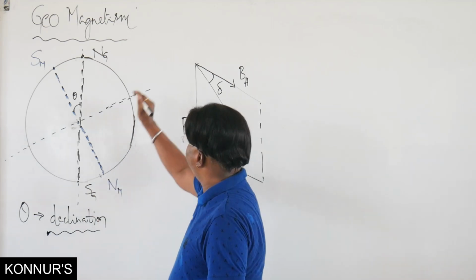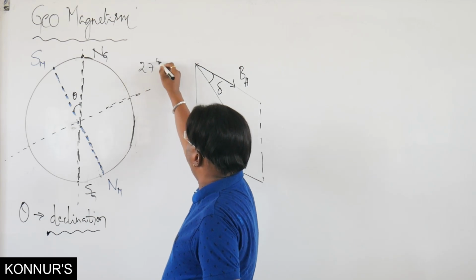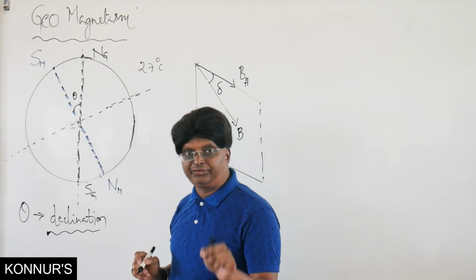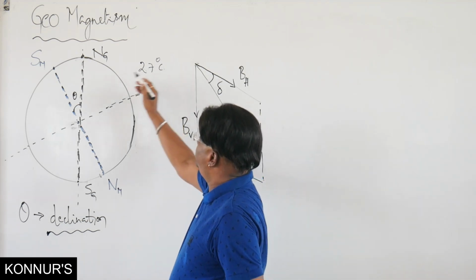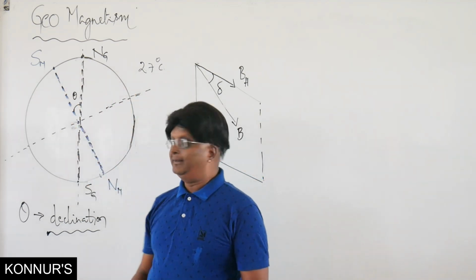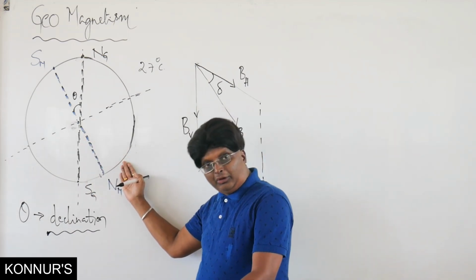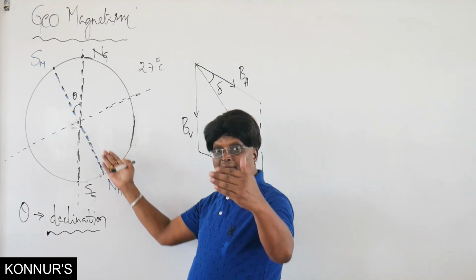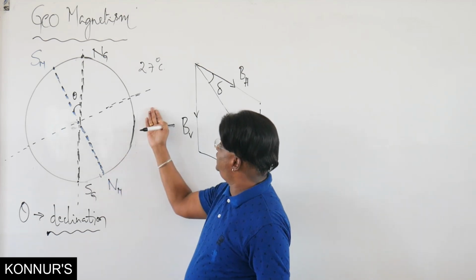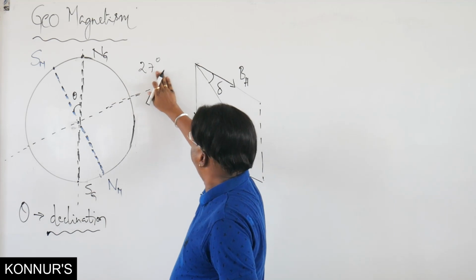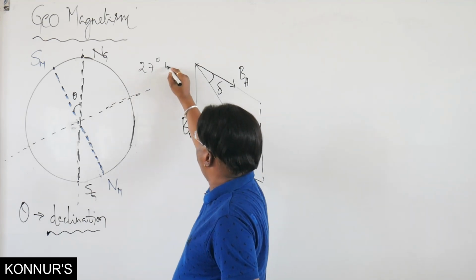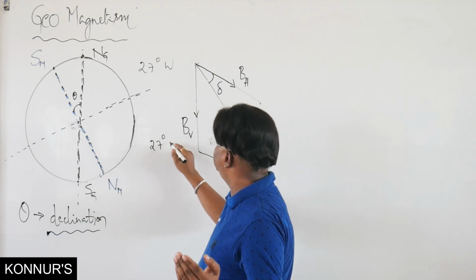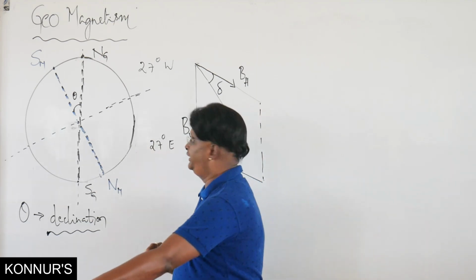Supposing it says that 27 degrees is the declination at some point, then it means that this is 27 degrees towards west. Similarly, in the northern magnetic hemisphere, it will be towards east. If I get the same number there, I will write it as 27 degrees east. So this is one important part.